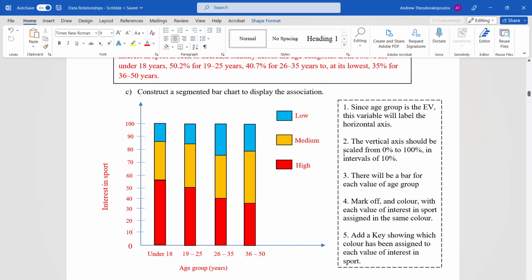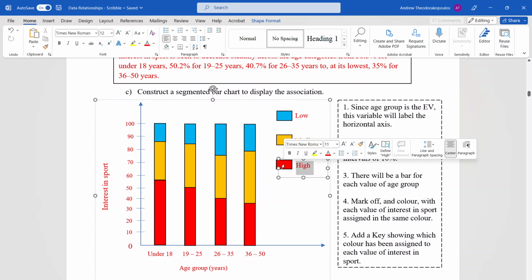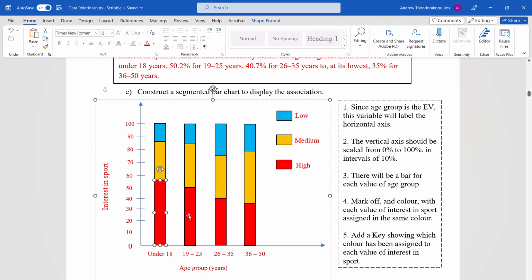So there will be a bar for each value of age group: 1 for under 18s, 1 for 19 to 25, 1 for 26 to 35, and 1 for 36 to 50. Mark off and color with each value of interest in sport assigned to the same color. Make sure that you start with the same one at the bottom, high, as high as you need to go.